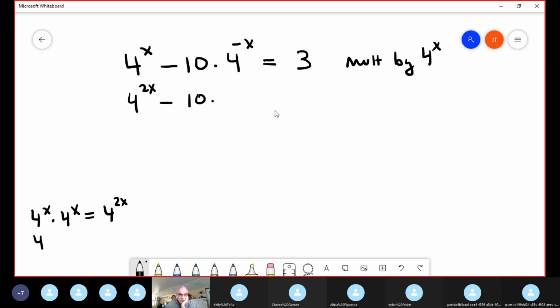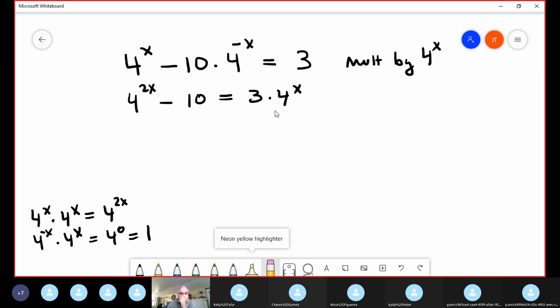And 4 to the minus x times 4 to the x is 4 to the 0, because negative x and positive x together cancel, and the answer is 1. So just 10, nothing more. I can erase this because it's just 1. This is the intention. And the right hand side, we have 3 times 4 to the x. Do you understand this or no? Okay, good.